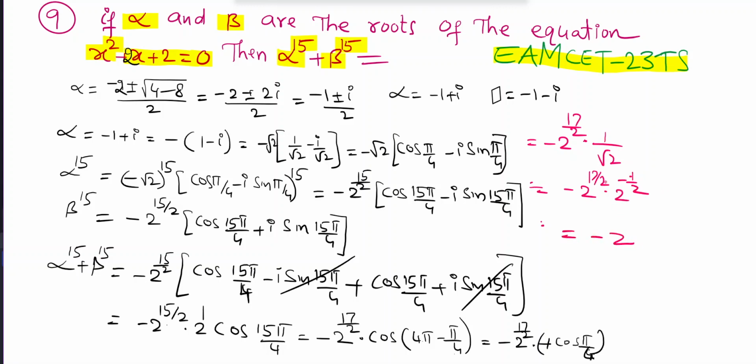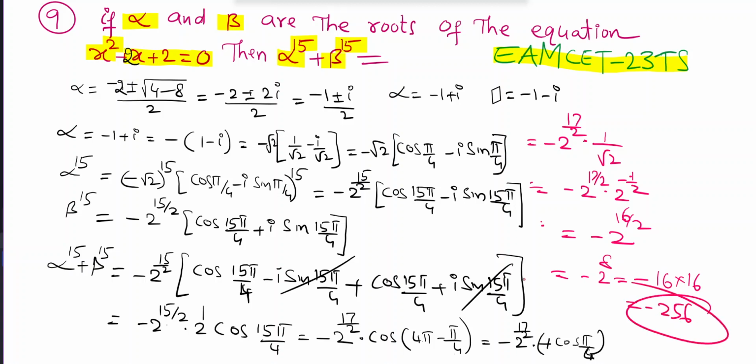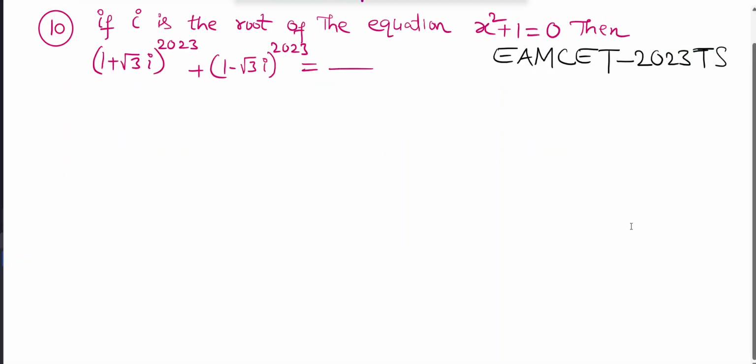This is minus 2 power 17 by 2 minus 1 by 2. This is 16 by 2. 2 to the power of 16 by 2 is minus 2 power 8. 2 power 8 value is 16 into 16, that is equal to minus 256. This is the required answer.